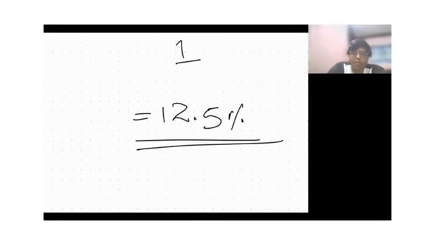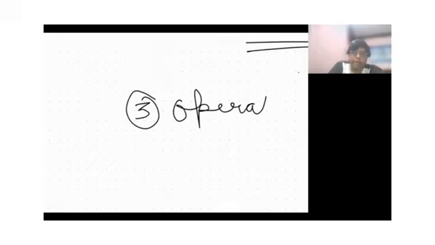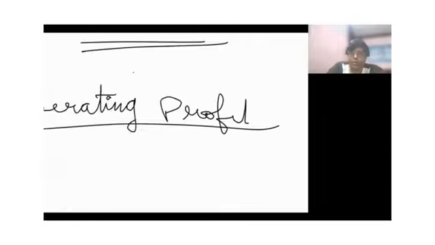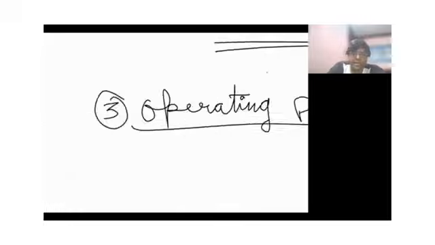So now we'll go to the third one, the type operating profit ratio. So what is its meaning?